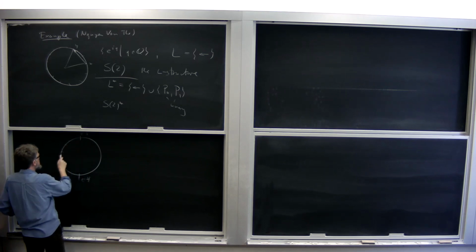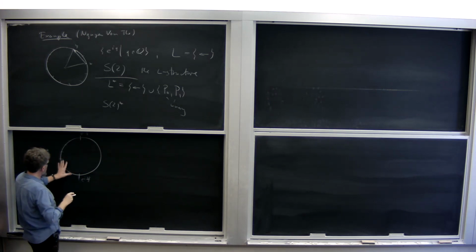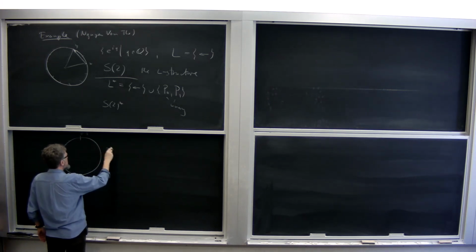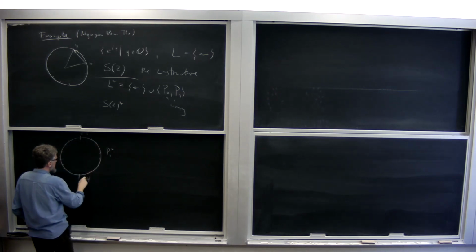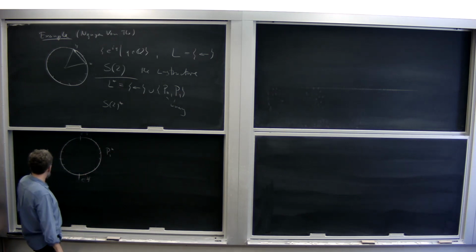And P0 star are all the points that are on the left-hand side, and P1 star are all the points in the structure that are in the right half of the circle.